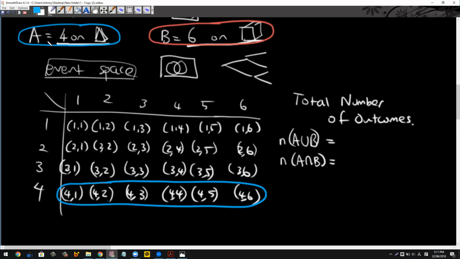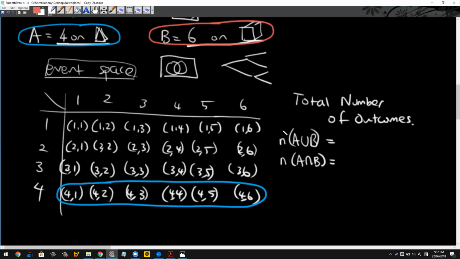Because event A means 4 on the tetrahedral die, right? So this is 4,1; 4,2; 4,3; 4,4; 4,5; 4,6. It doesn't matter what the outcome for B is, as long as you have 4 on the tetrahedral die, that's what event A is, right?